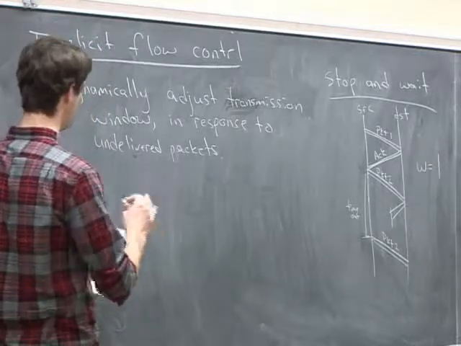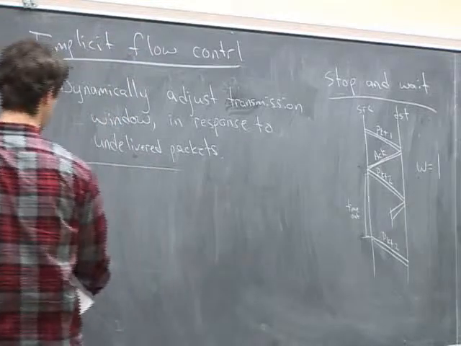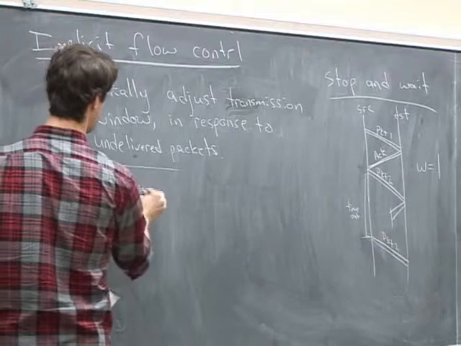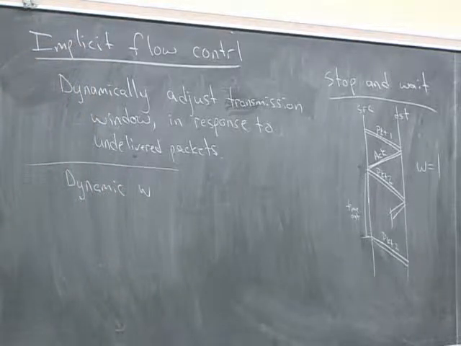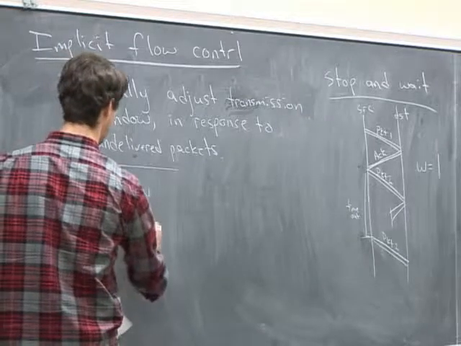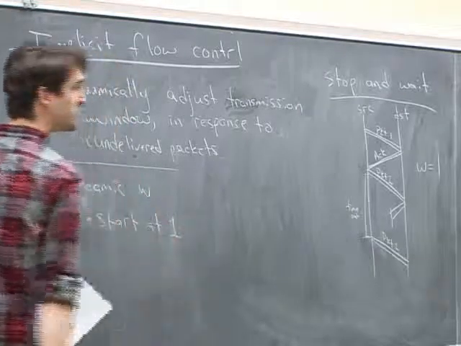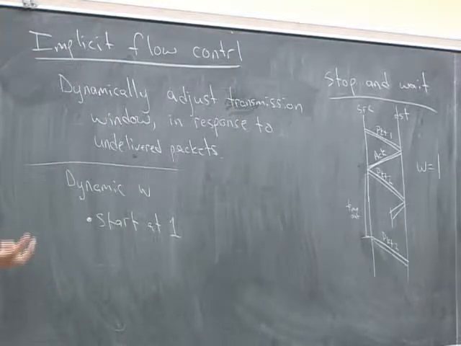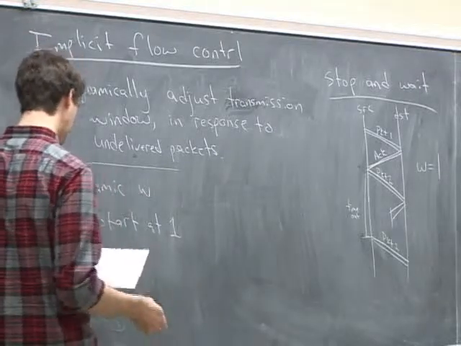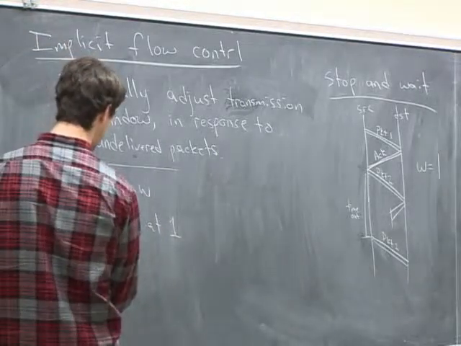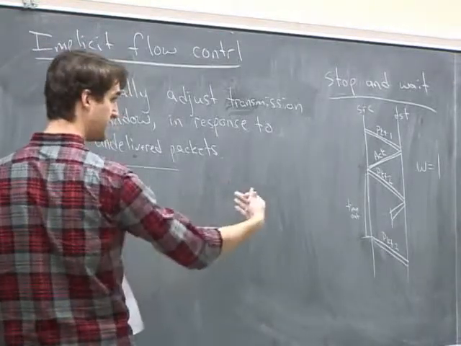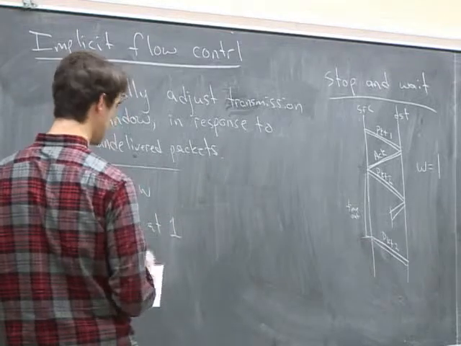Okay, so TCP has a dynamic window, right? That means this W is no longer fixed and we adjust it on the fly. At the beginning, we started out at 1, meaning that we can send 1 packet before receiving the acknowledgement. We can have 1 unacknowledged packet out there. Then in the beginning, we exponentially increase our sending rate each time we receive an acknowledgement.